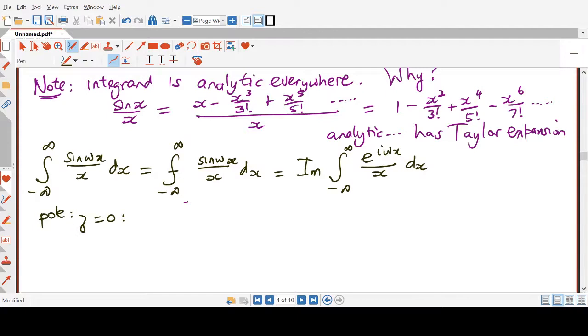But when I go into e, this has got 1 plus x over 1 factorial plus x squared over 2 factorial plus x cubed over 3 factorial and so on. The over x will still be in the game. There will be a pole. You'll be dividing by 0, or dividing by x. So now there is a pole, z equals to naught.